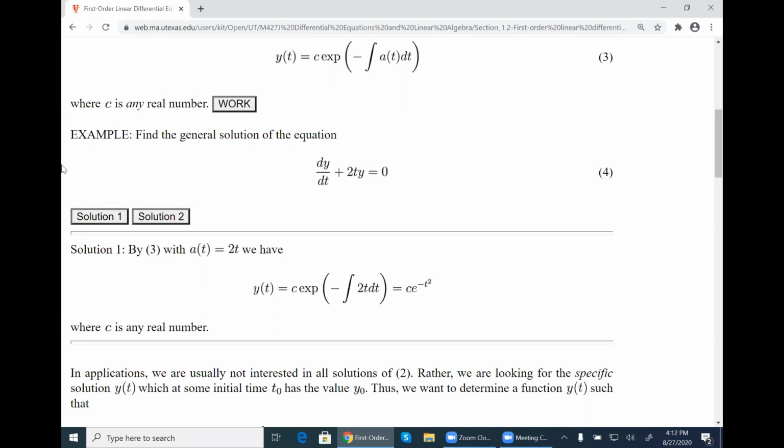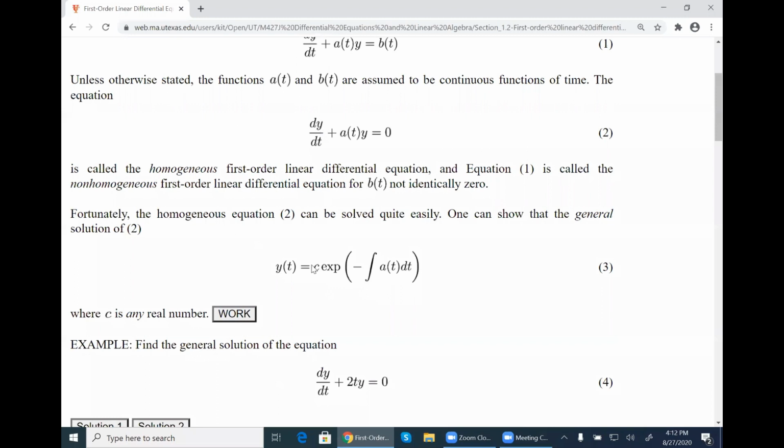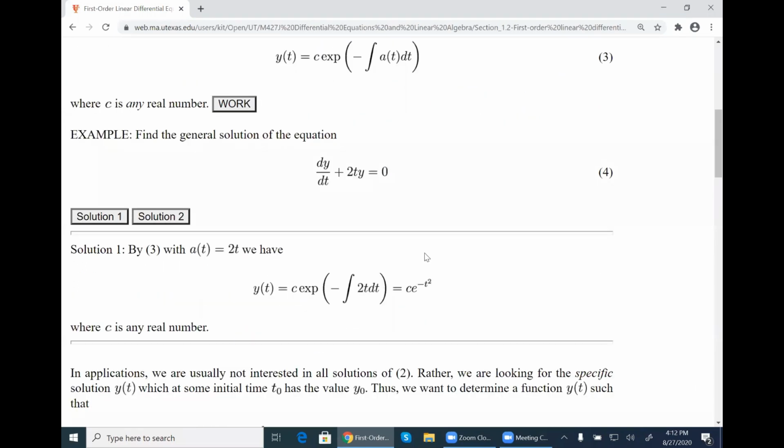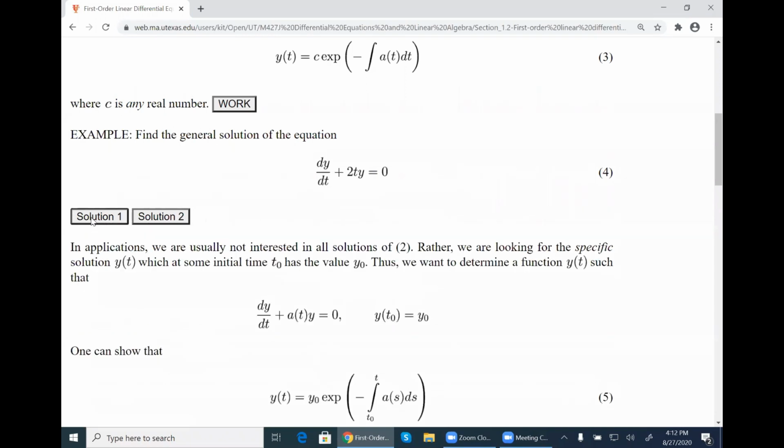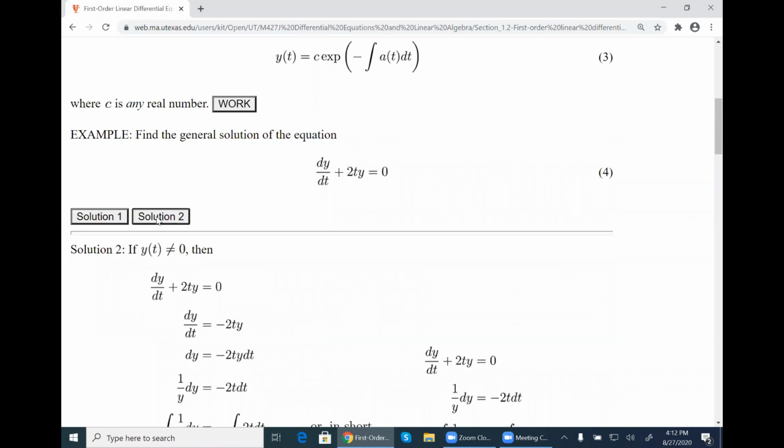Other questions? I just wanted to ask where the e came from in the solution. Excellent question. Your question is, how do we come up with this? This is one of the reasons why, along with solution number 1, I have solution number 2.